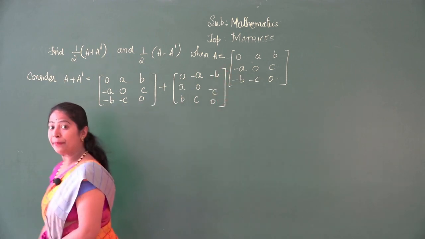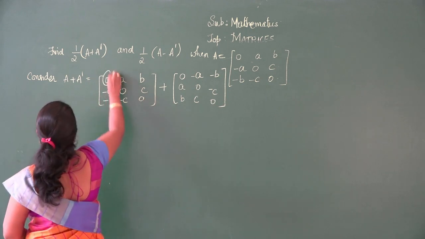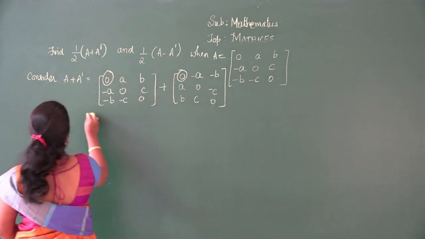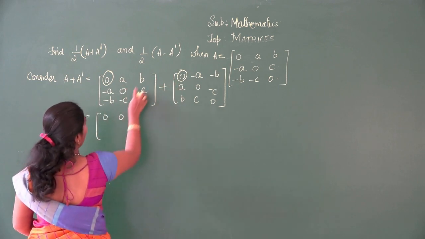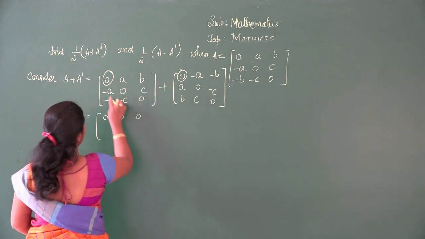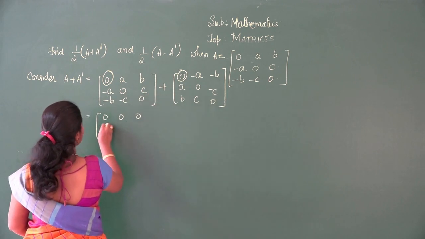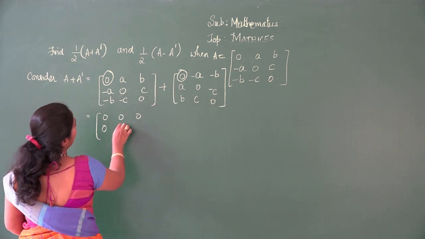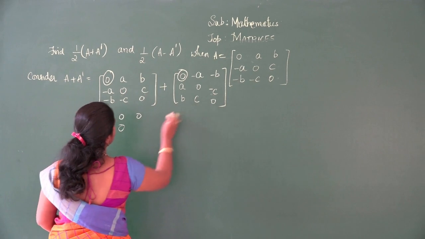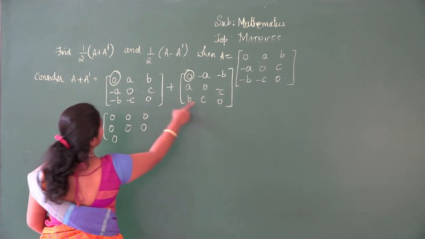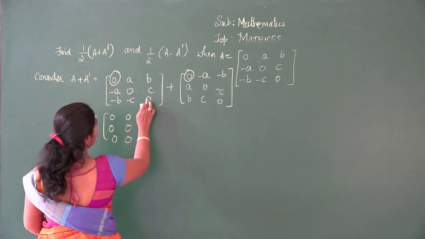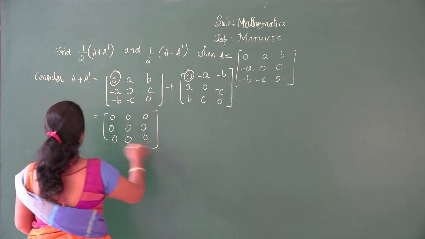So what is A plus A dash now? 0 plus 0 will sum up to 0 itself. A minus A is 0, B minus B is 0, minus A plus A is 0 again, 0 plus 0 is 0, C minus C is 0, minus B plus B is 0, minus C plus C is 0 again, 0 plus 0 will sum up to 0.